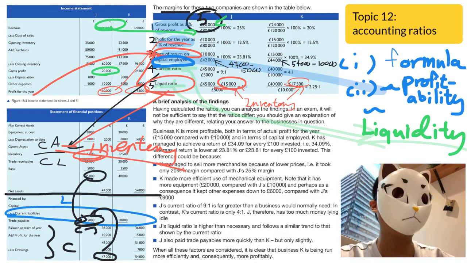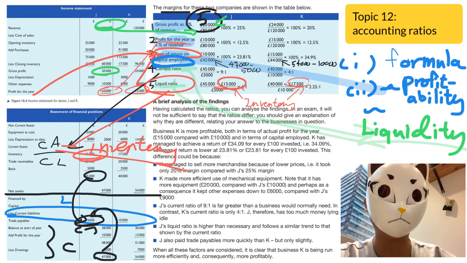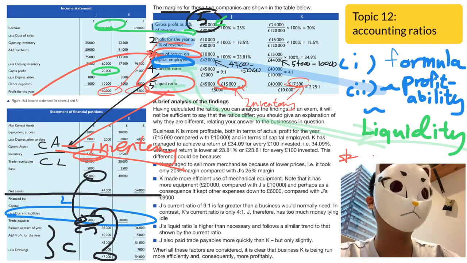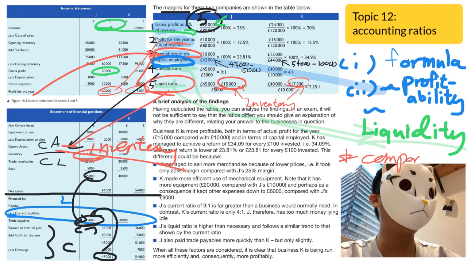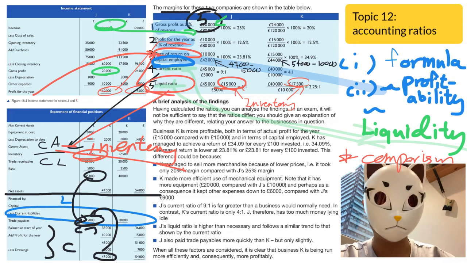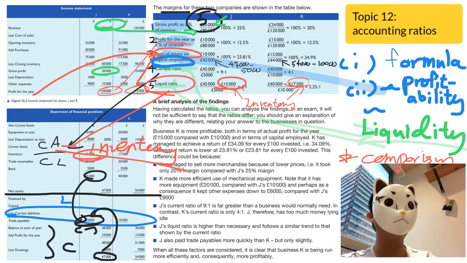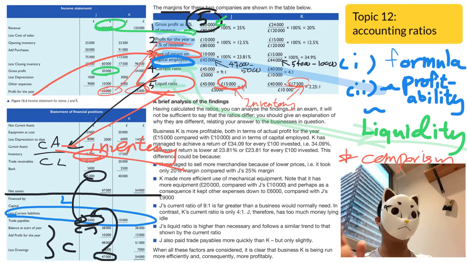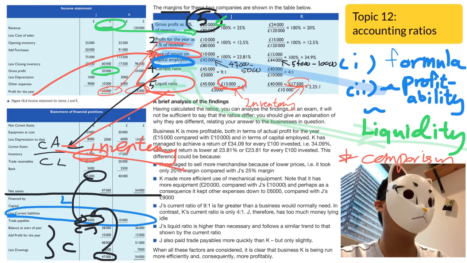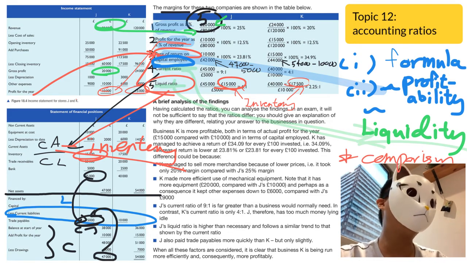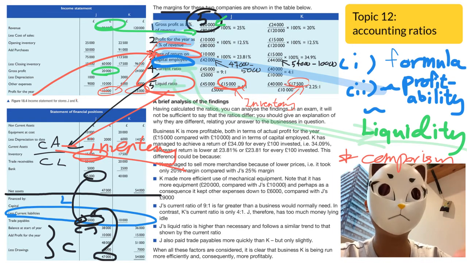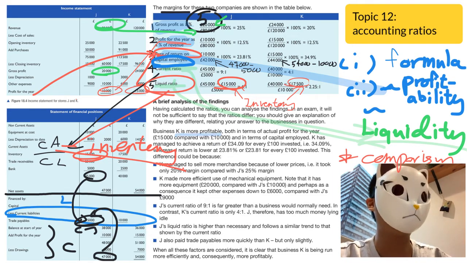Now the second thing we need to do in this chapter is about comparison. So after we have the ratios of two companies, we have to compare them, and then we have to draw some conclusions in words. Say for example, for profitability, K would be more profitable.